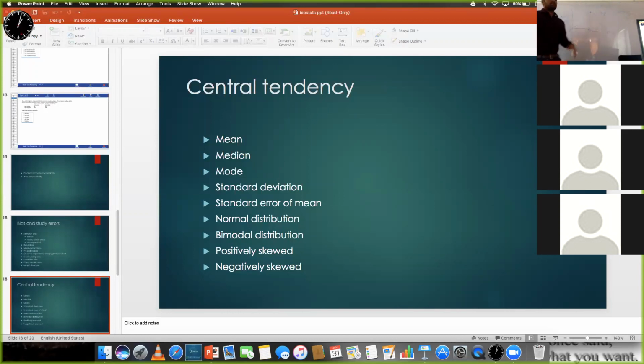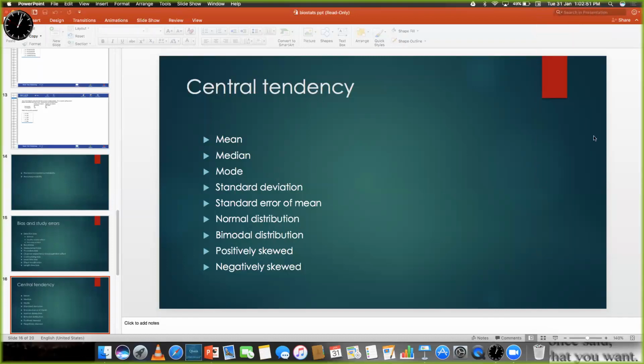Now say there's a guy, Raju. He got 35 marks. Now how far away is he from the mean? He got 35 marks, he's here. So he's 15 marks away from the class's mean. Now there's another guy who got, say, 70 marks.